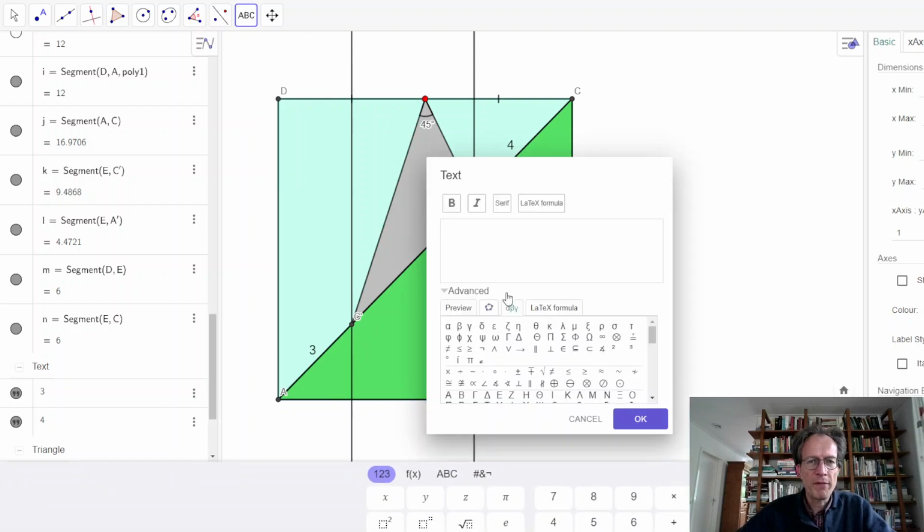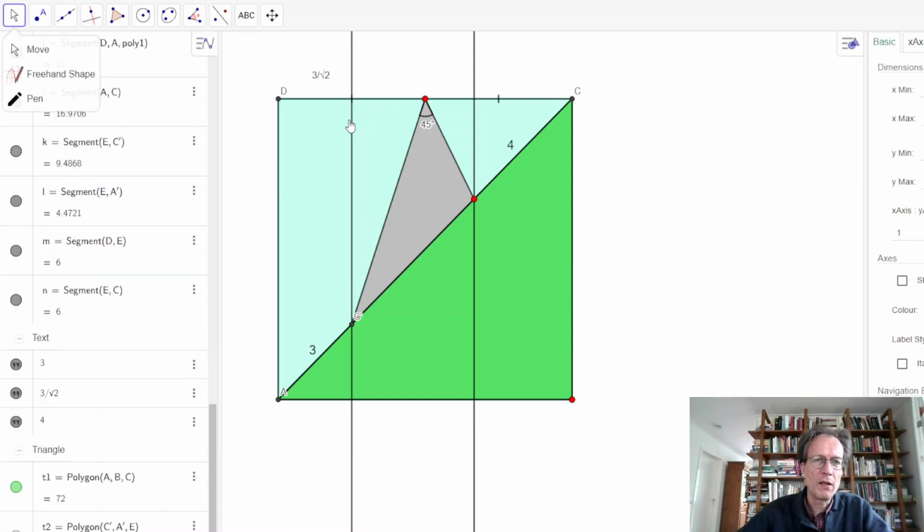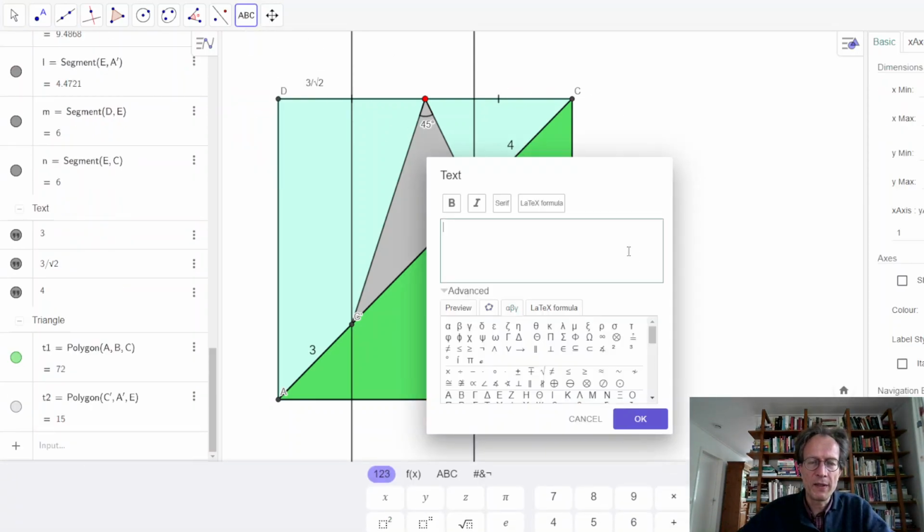Here we have 3 divided by square root of 2, which is easy from the 45-degree angle. You can transpose it over there, and then you see that this must be 3 over square root of 2. And in exactly the same way you get here 4 divided by square root of 2.